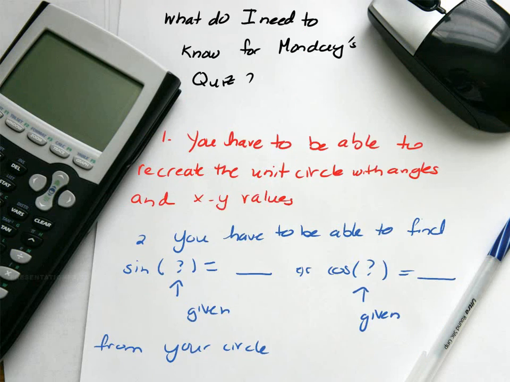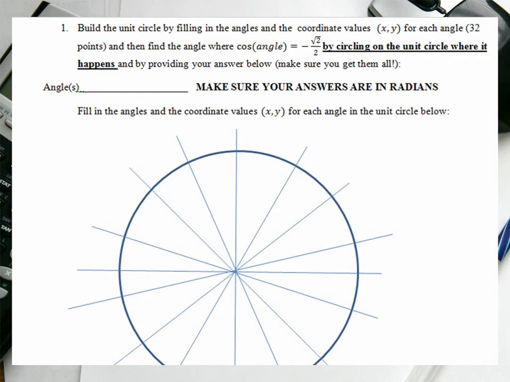Second thing, you have to be able to, once you create the whole circle, if I give you an angle, give me the sine and the cosine of those angles from the circle. So that's how the question's asked. What is the sine and the cosine? So I ask, find the angle where the sine and the cosine turn out to be minus square root of 2 over 2.